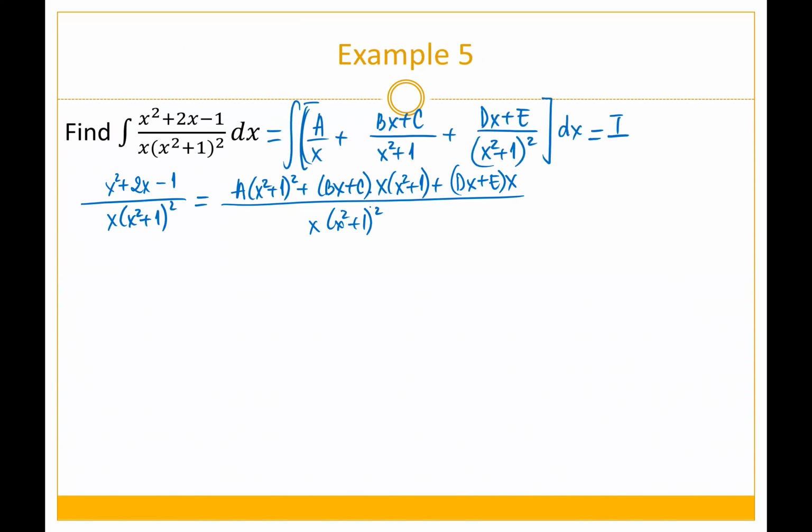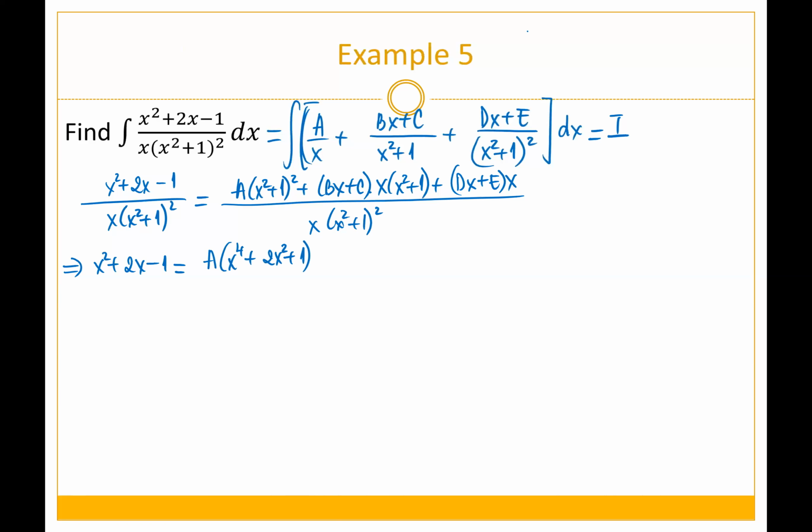Now, we also ignore the denominator and just equate the numerators. So you have x squared plus 2x minus 1. Now, you have to expand this square and put everything with the same power together. So everything related to x to the fourth together, everything x cubed together, everything x squared together. And that's before we can use the linear system of equations to solve them. So we have A times (x fourth plus 2x squared plus 1).